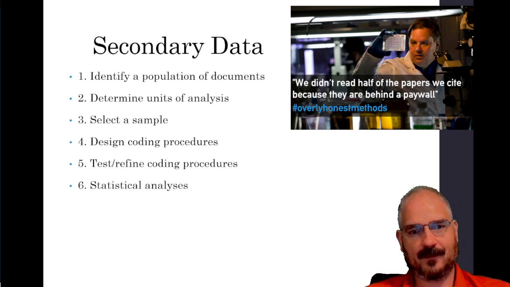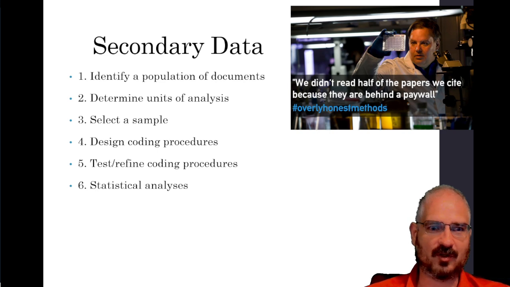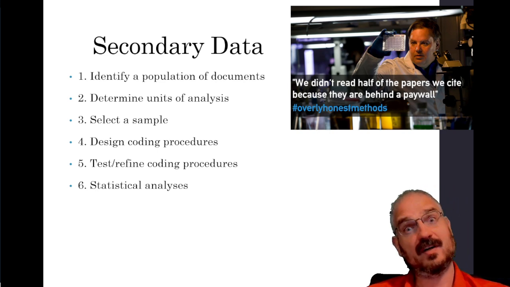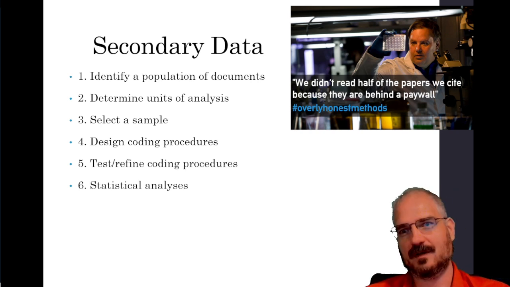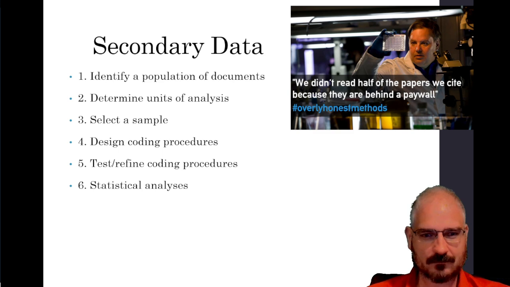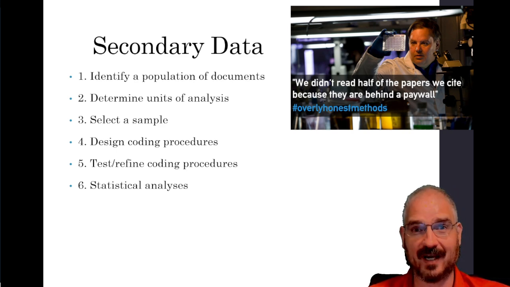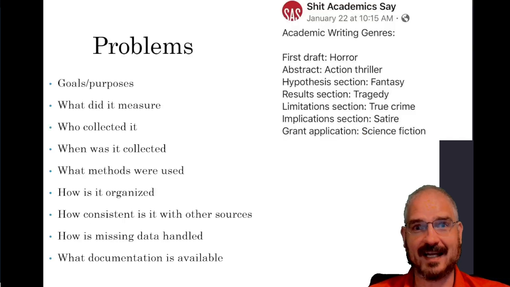And then finally, once we've done all that, we can do our analysis, right? We can figure out whether some newspapers or newspapers from a certain region of the country are more likely to use the word terrorist or terrorism than others, or whatever our actual research question is, we can do our measuring and our analysis and try to get some answer to our research question.